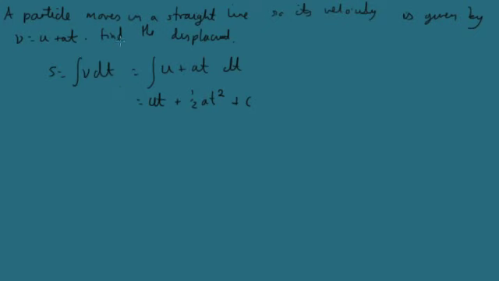But it's moving in a straight line, and when the displacement is 0, that's going to be at the start of the motion, so t is 0, so c must be 0. So what we have just derived is one of our equations of motion, which we were using way back at the start of this mechanics course. So I hope that helps.